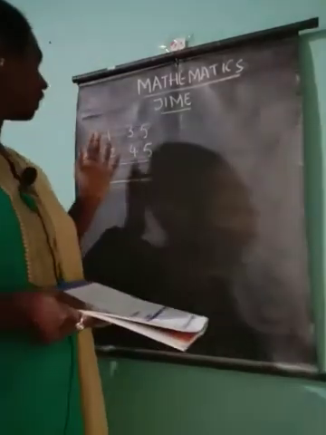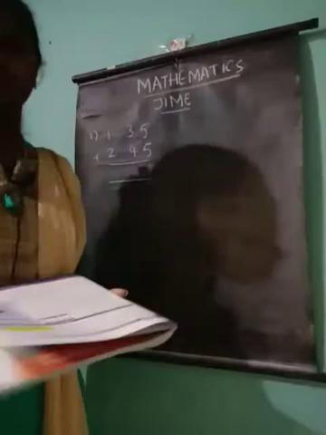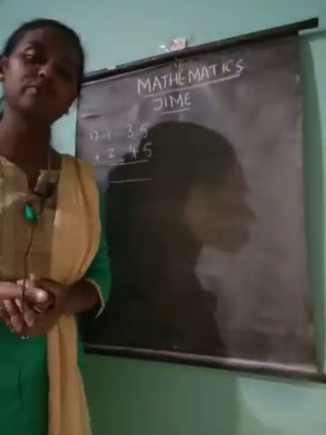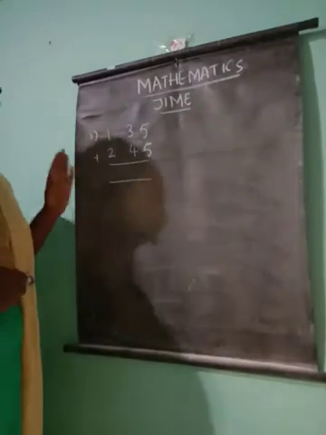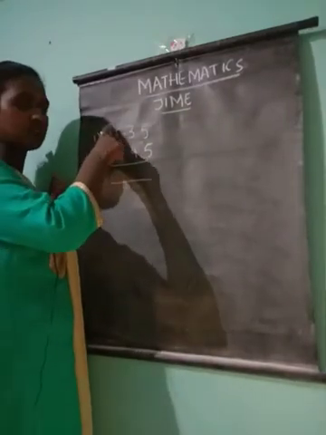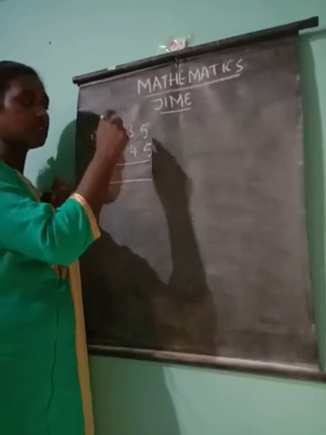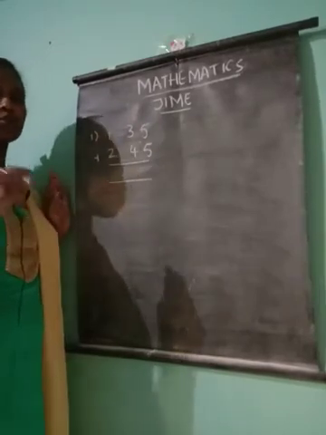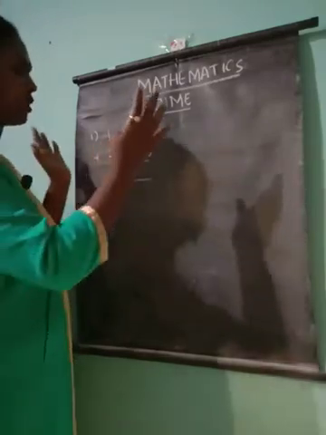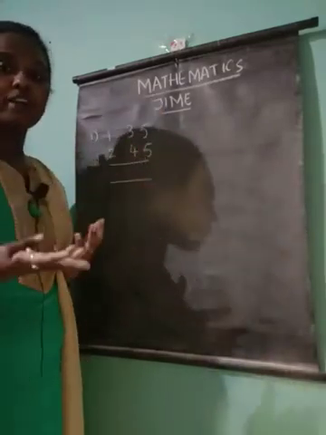We know how to add, right? And here you can notice that I have written hours separately, leaving some space, and minutes separately, so that it will avoid confusion. If you write 135 or 245, you may get confused.